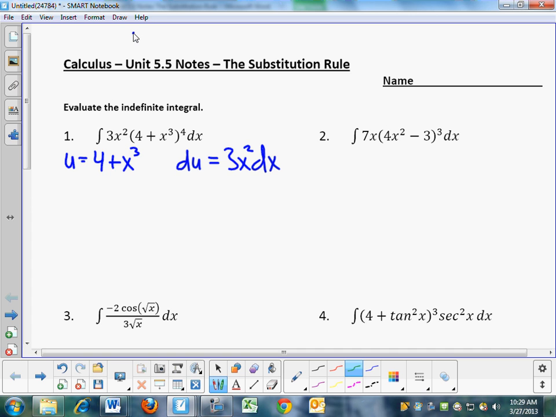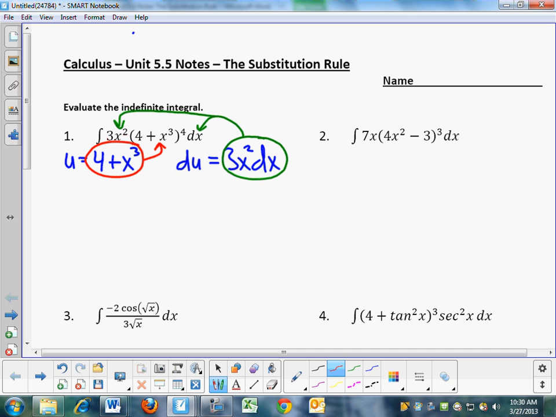Do you see a dx up in this problem? So this right here, we account for it there. We account for it here. And we can replace that stuff with what? du. Now, look at this part. Do you see a 4 plus x to the third up in that problem? Right there. I can replace that with a u.